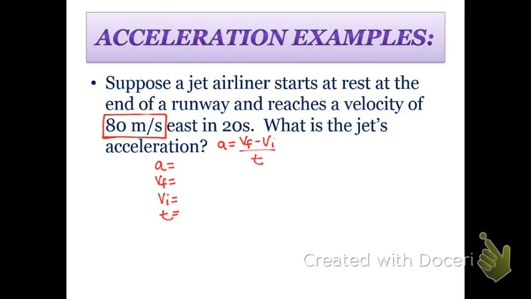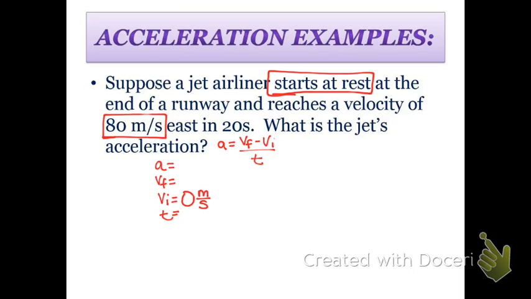With these problems you're going to have to read the little paragraph a bit more. Because we ask, okay, well, what does the 80 mean? Well, first of all it says starts at rest. If I start at rest, what's my velocity? I'm not moving, so my starting velocity is 0. Start velocity is initial velocity, so initial velocity is 0 meters per second.